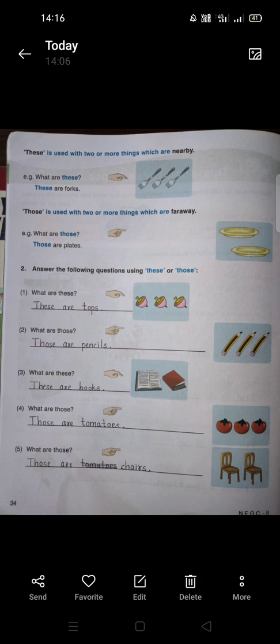So complete the worksheet. Those who did not complete it while I was teaching, you can complete it from the WhatsApp, and those who have completed it, you can learn the difference between this, that, these and those.